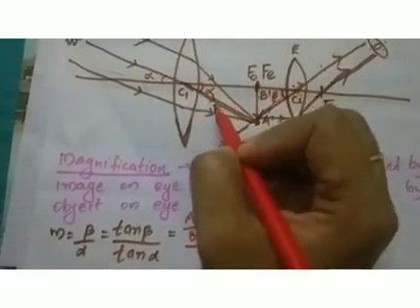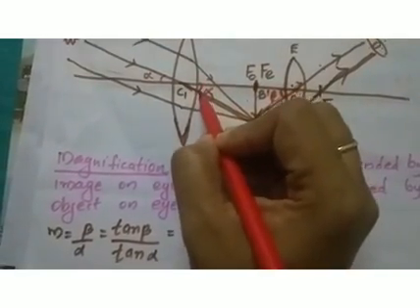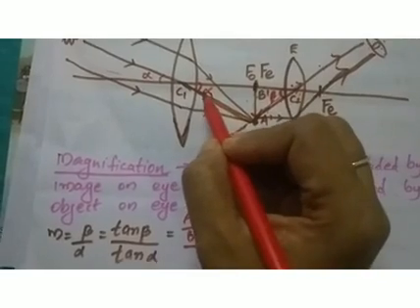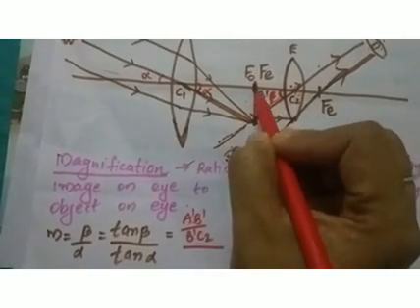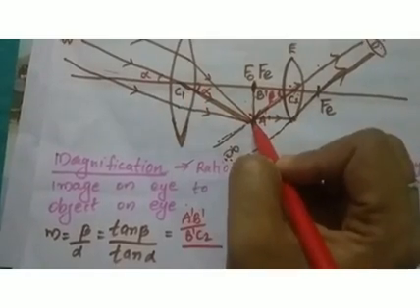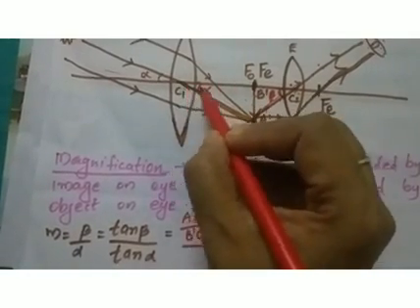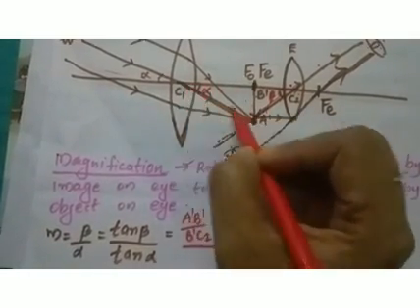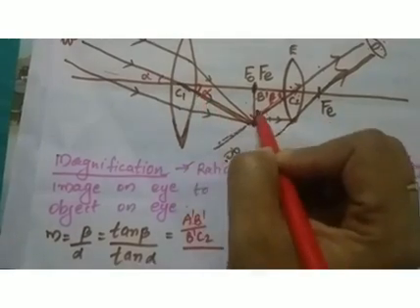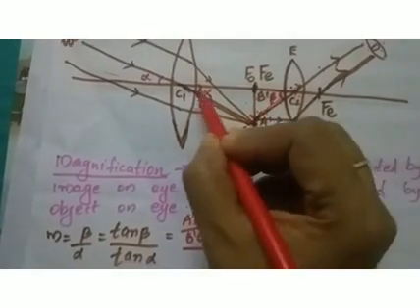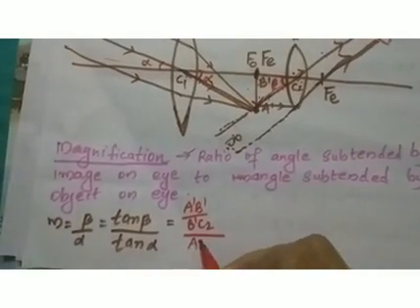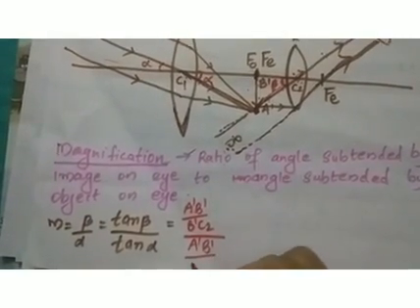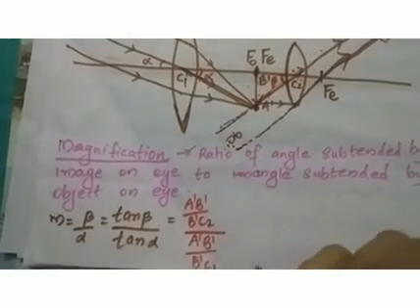Now tan alpha. This is alpha. To find an expression for tan alpha, consider this triangle A dash B dash C1. The opposite side is A dash B dash and the adjacent side is B dash C1.